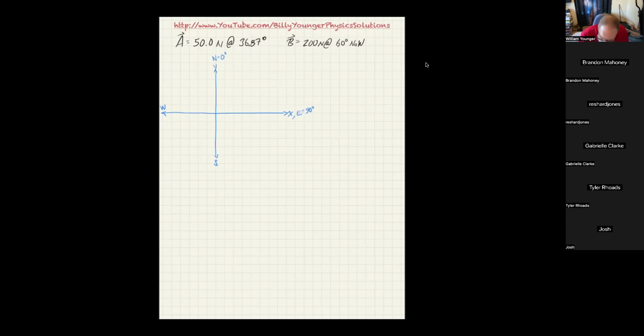We're also going to have vector C, which is going to be, in this case, let's say it's 141.4 newtons at, in this case, I'm going to say compass heading of 225 degrees.